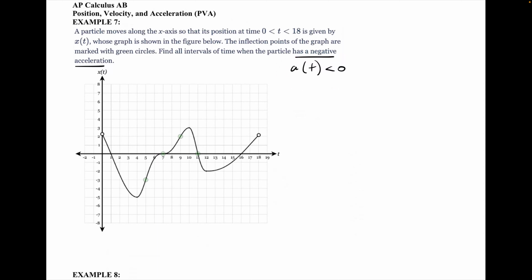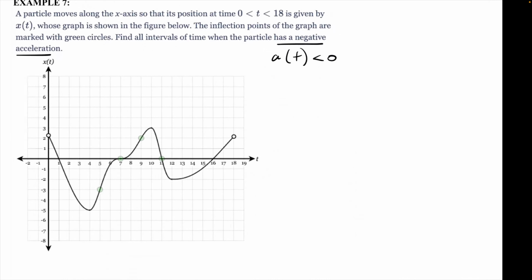Not slopes, that's first derivative. First derivative is slopes. What's the second derivative? The concavity. Concave up, concave down, right? Concave up, holding water. Concave down, spilling water. Okay? So let's label this graph.